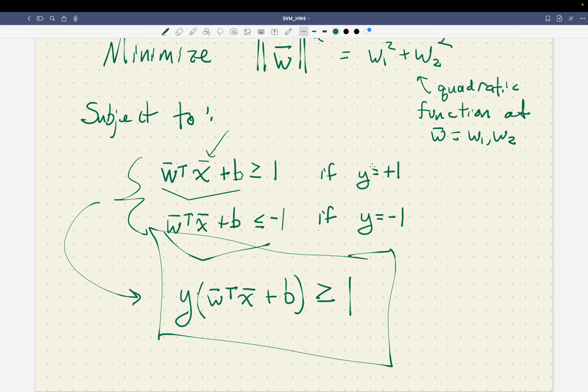Just check it case by case. If y is equal to plus 1, then you multiply both sides by plus 1 and everything stays the same. If y is equal to minus 1, then you multiply both sides of this inequality by minus 1. That makes a positive 1 on the right, and it also flips the direction of the inequality. So either way, you get this. So this gives you a family of constraints.